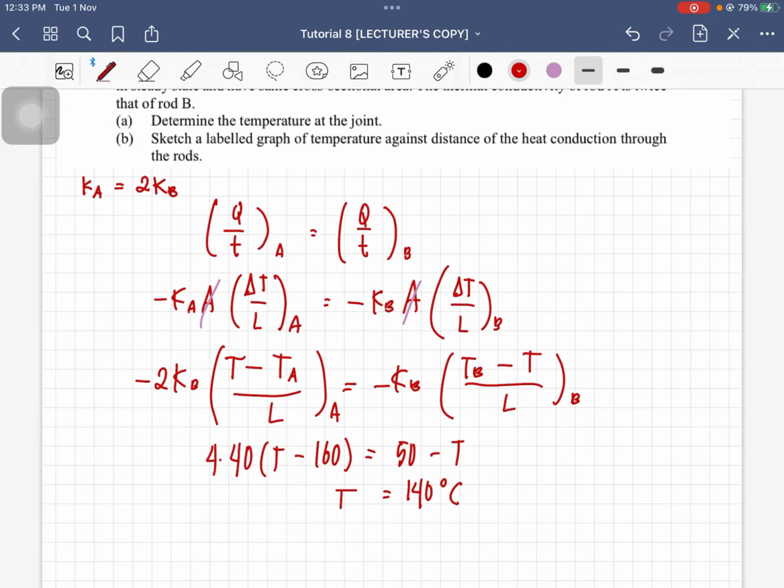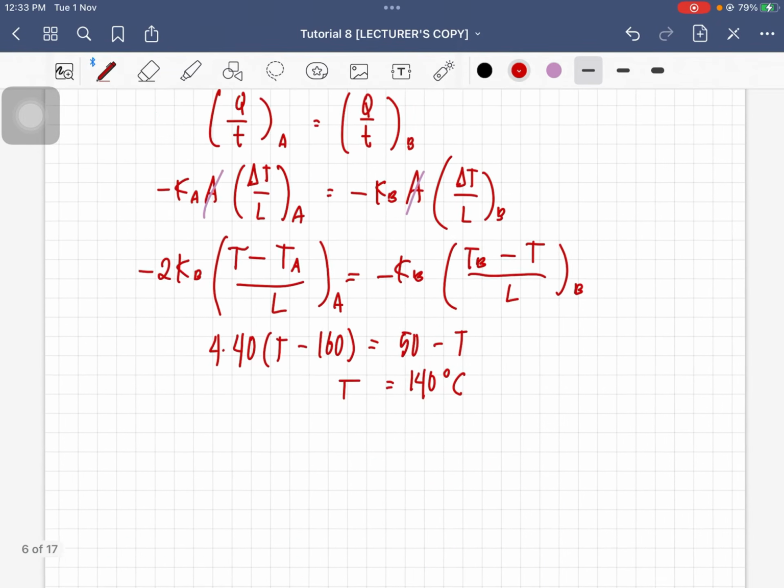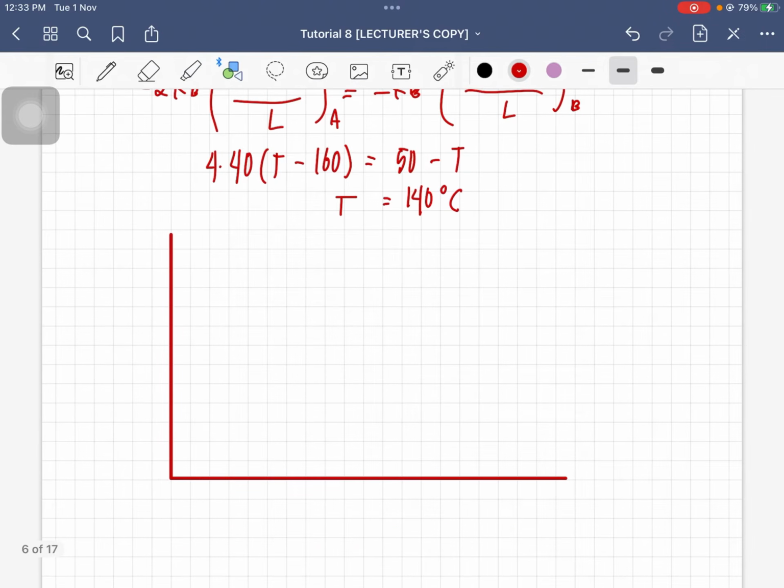Next, we have to sketch a graph of temperature against distance of the heat conduction through the rods. We have the temperature axis, and then the distance axis.